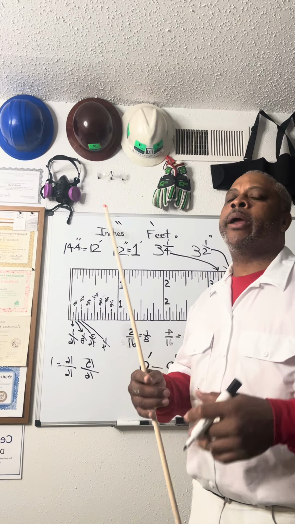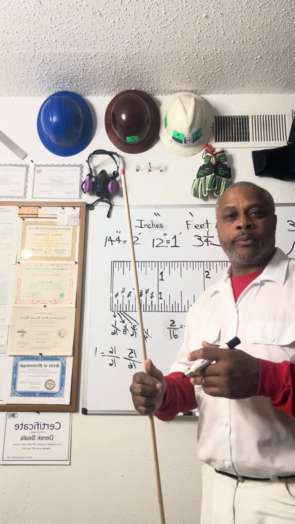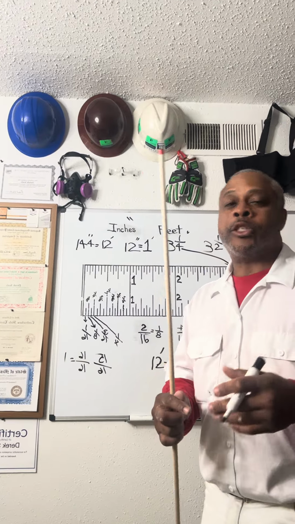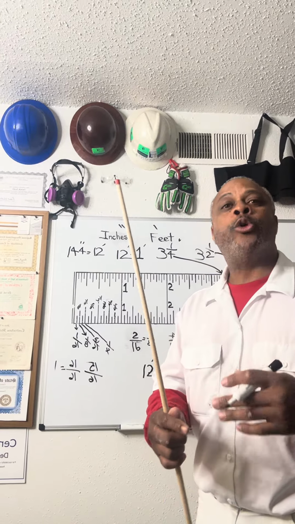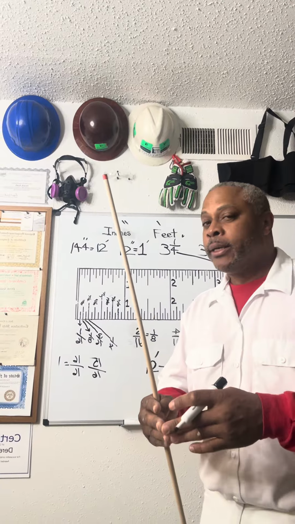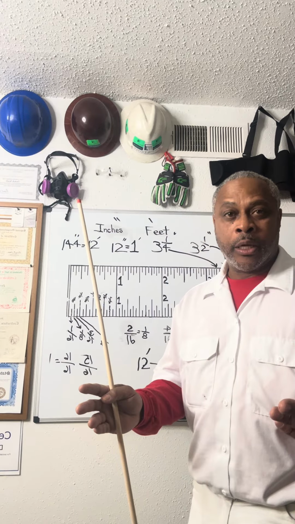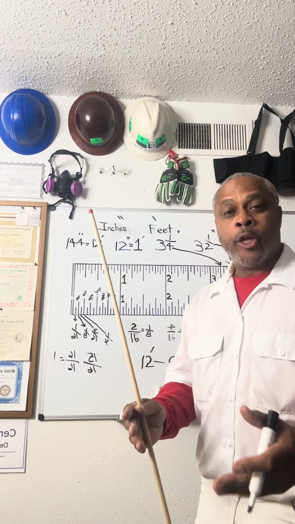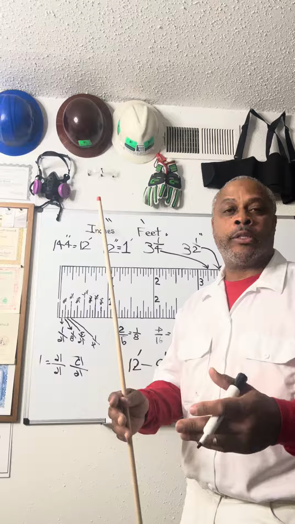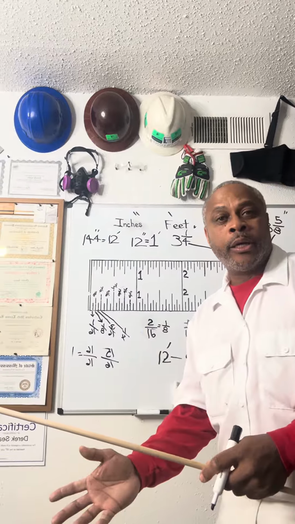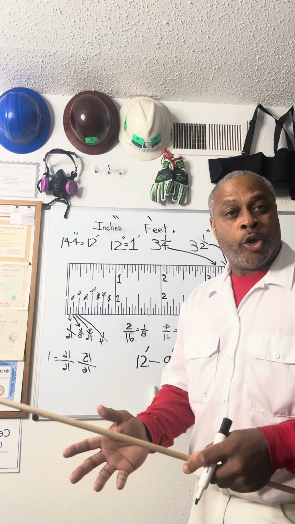This is how you start breaking down your footage by inches. Because sometimes when you do estimate, you're going to have to use inches even for footage on calculations, because you want to be more accurate, especially like when you order concrete, by the cubic yard.